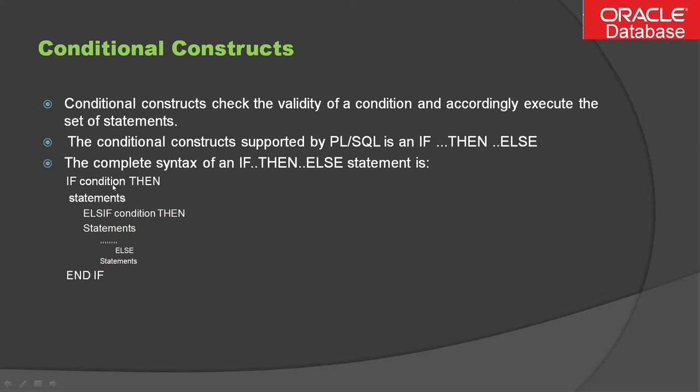If this condition becomes false, then the else if condition will be evaluated. If this is true, then whatever statement we have inside the then in the else if condition will be executed. If this also gets false, then whatever statements we have inside the else will be executed.